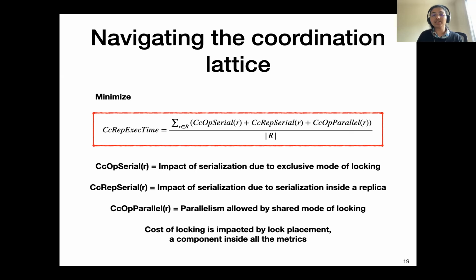The second line shows the serialization imposed due to the replica. In this model, we are considering the replica to have only sequential execution. And the third metric represents the parallelism allowed by the shared mode of locking. All these combined together give us an average of the replica execution time. The cost of locking is impacted by the lock placement, which is a component inside all these metrics as well.